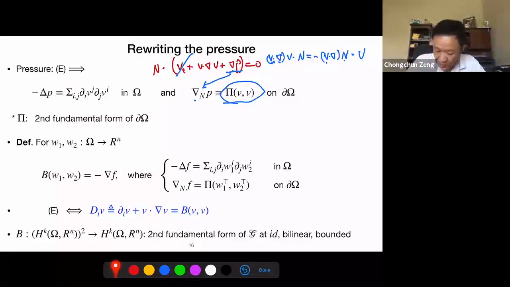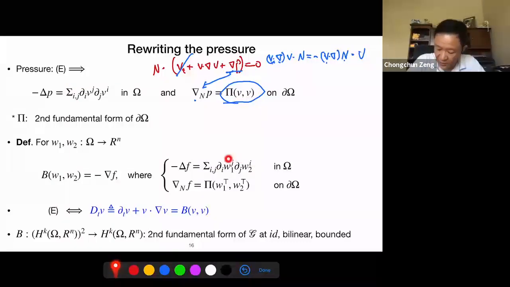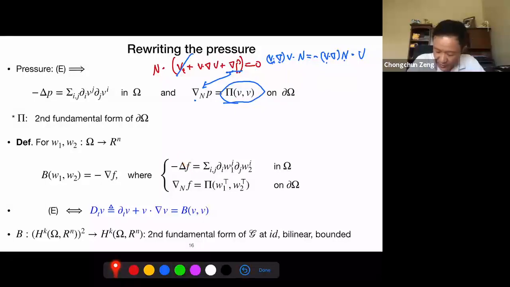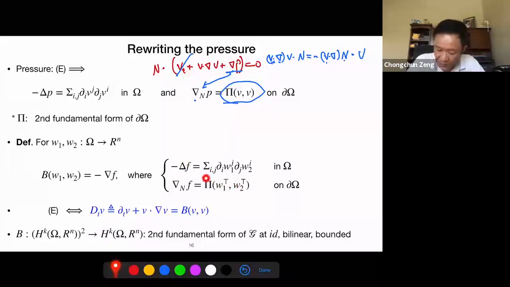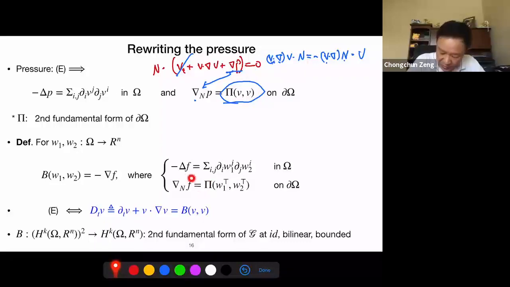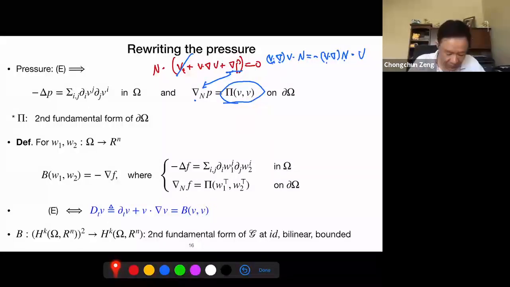Okay, so take this combination of the product of the first order derivative of W, the vector field, and then solve the Poisson equation, and also take the tangential component on the boundary, apply the second fundamental form, and take this as the Neumann boundary condition of F. Then we define the bilinear transformation to have the value minus gradient F. So in this way, the pressure term in the Euler equation can be written simply as B acting on V and V. Okay, velocity field twice.